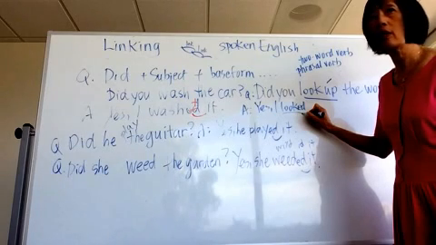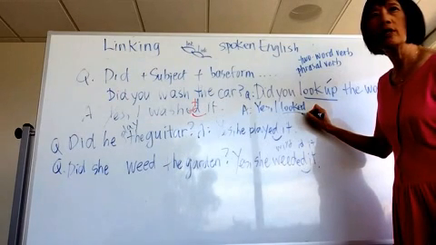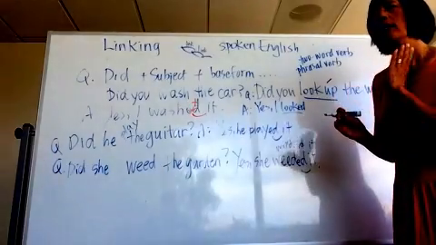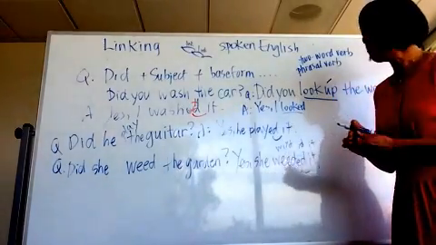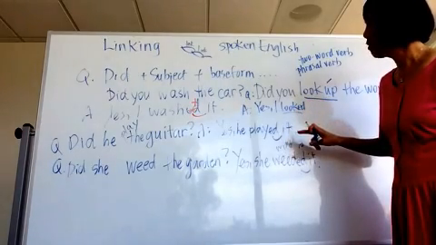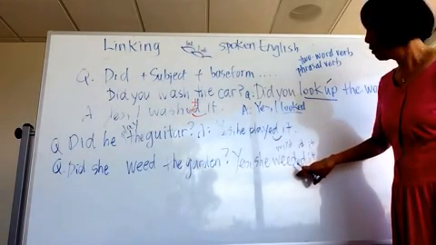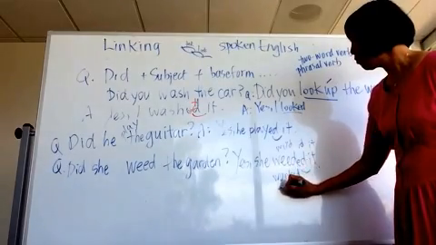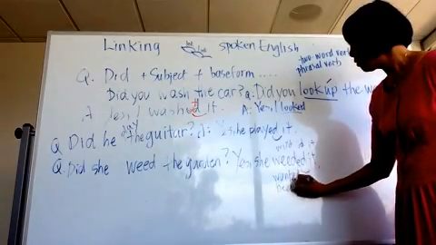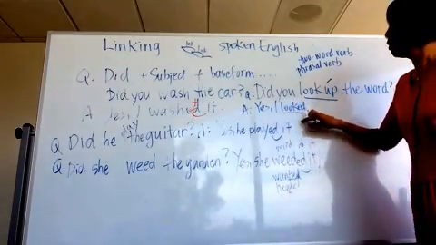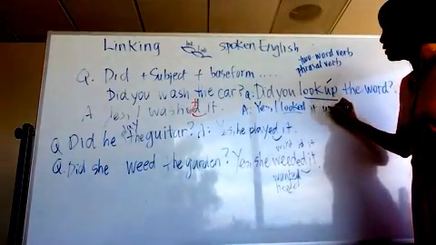Looked. Yes, remember, only add extra syllable when the last sound is t or d. I asked you about wanted and needed because these two have t and d at the end of it, but not this one. So looked.